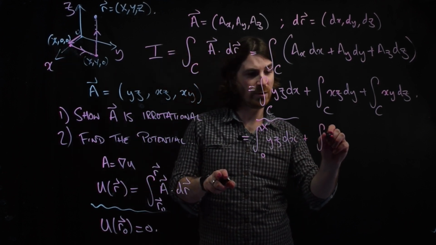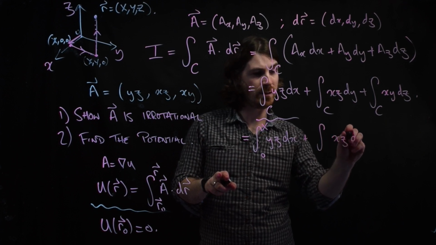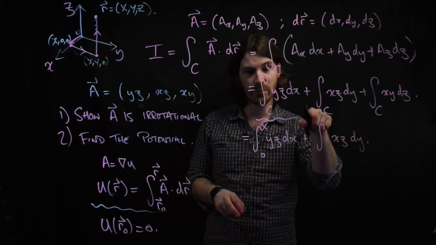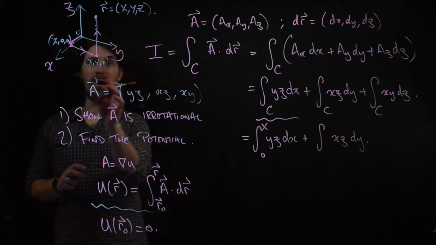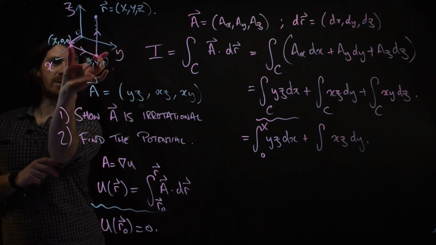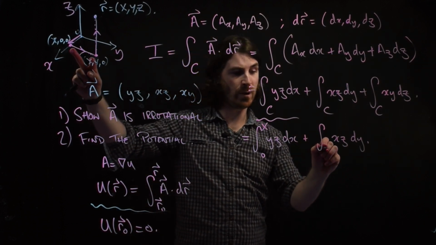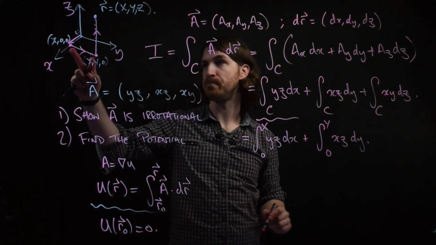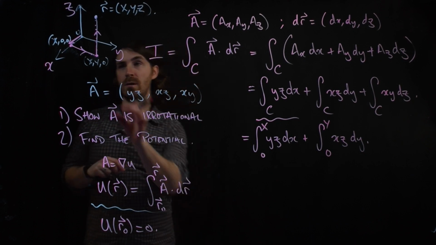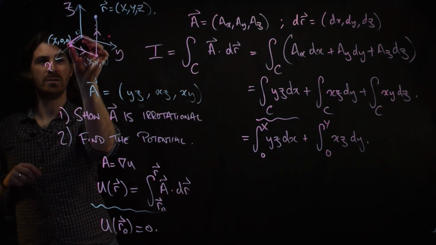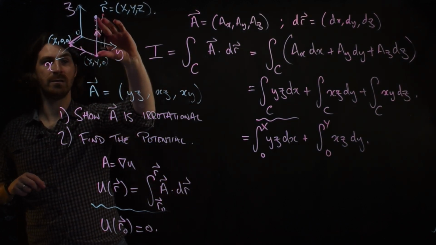Then we've got the integral of x, z, dy along the curve. And dy is only non-zero in this middle section. Okay? Where we go from y equals 0 to capital Y. Along this part, it's only x that changes, and along this part, it's only z that changes.